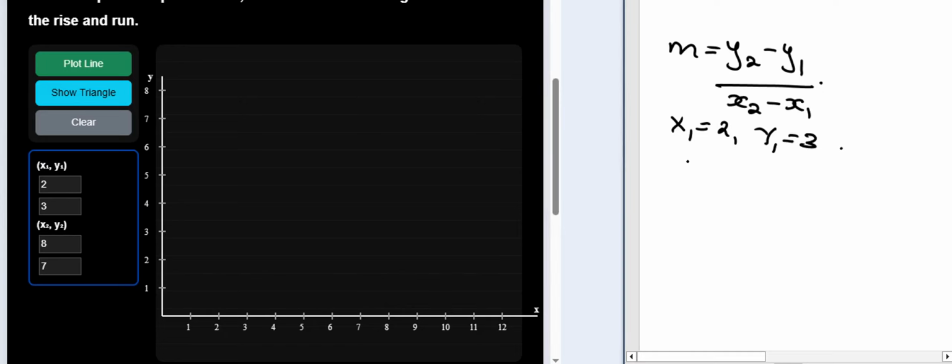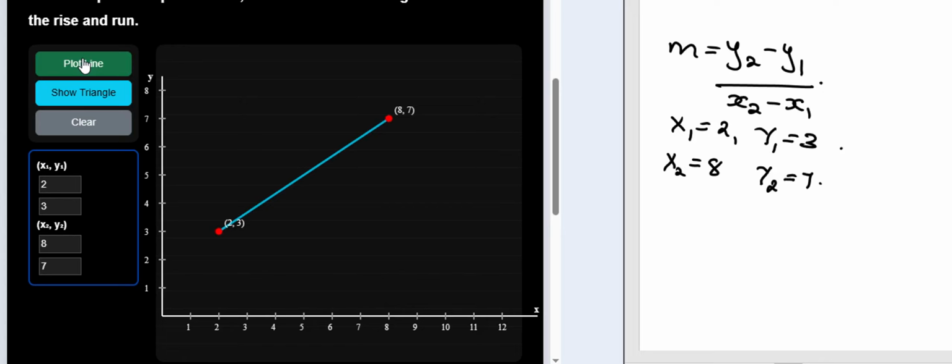Then I can also pick 8 to represent x2. And I can pick 7 to represent y2. So if I enter all those values in these boxes and then I plot this line, you see it plots the straight line.